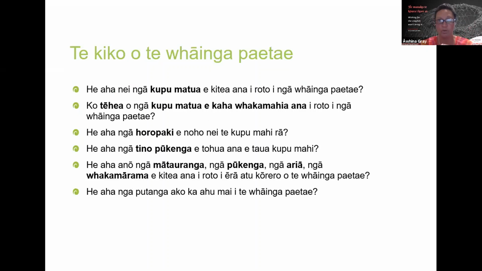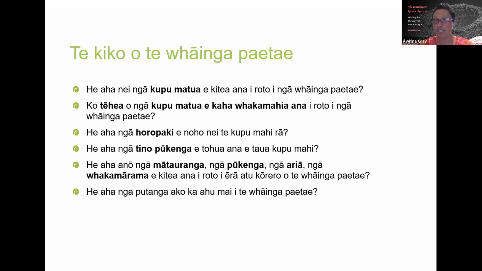It might be a verb, it might be a tuingoa, okay? So whatever the whāinga paetai, whatever the big word is in there, okay, then identify that. And then, you know, which of the words are absolutely the operative ones in that, identify those.